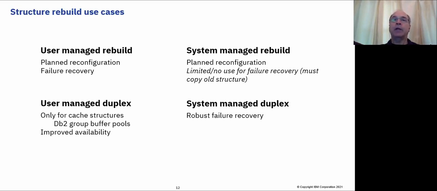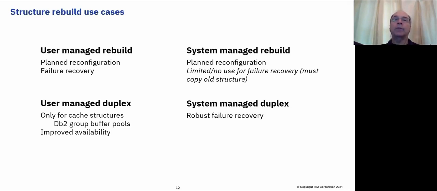This is great for planned reconfiguration, but it's very little use for failure recovery because if we've lost one of the CFs, the system can't rebuild the structures there because it cannot access them. On the other hand, system managed duplex provides robust failure recovery because everything from the one instance of the structure is already available in the other instance on the other CF. So those are our basic use cases.